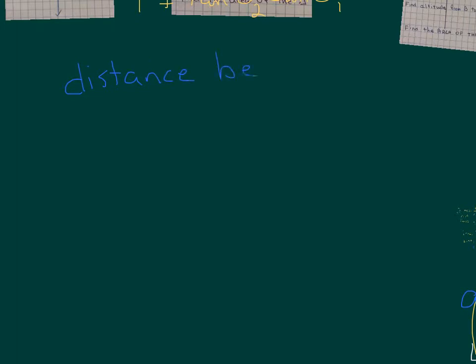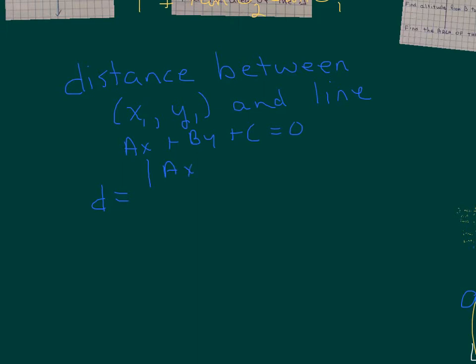The distance between a point that's designated with x1, y1, and the line ax plus by plus c equals 0 is found using the formula distance equals the absolute value of a, and substitute in x sub 1, whatever your x value is, plus b, substitute in whatever your y value is.